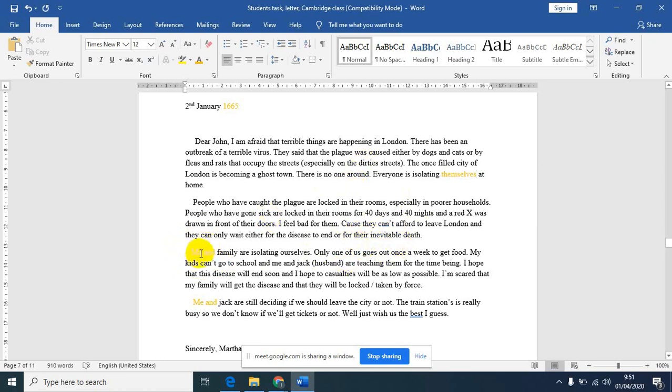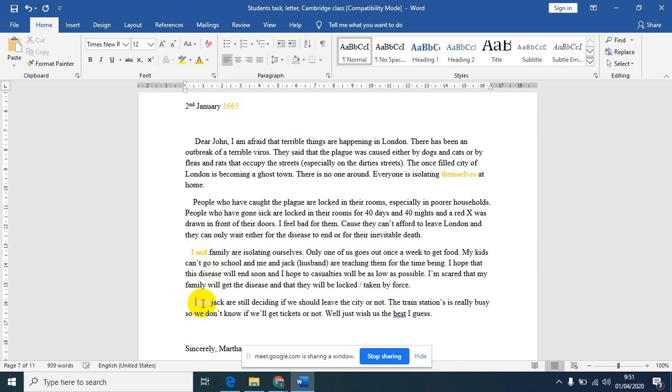If you are going to write it in direct speech, no problem. Me and my family, no problem. But for directed writing, you have to write I and my family. So you have to write I for the subject, me for the object. Okay, I think it is only a very small mistake. It's not too many because you have already written it well.